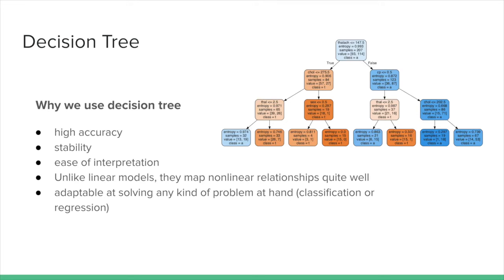It is a way to display an algorithm that only contains conditional control statements. Tree-based methods empower predictive models with high accuracy, stability, and ease of interpretation. And unlike linear models, they map non-linear relationships quite well. Another advantage is that it is easy to adapt to solving any kind of problem at hand, in a classification or regression model.